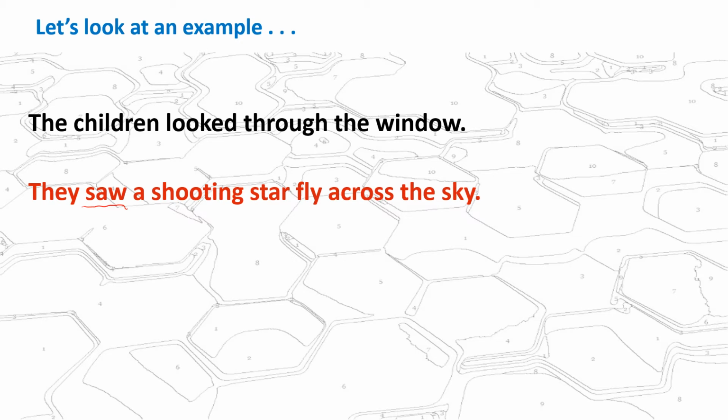What did they see? A shooting star. Okay, that's an object. But we've got here the word fly, fly across the sky. Fly is also a very common word, but it doesn't tell us how did it fly. There's no adjectives and there's no adverbs in this sentence. So this one I don't think is very good.